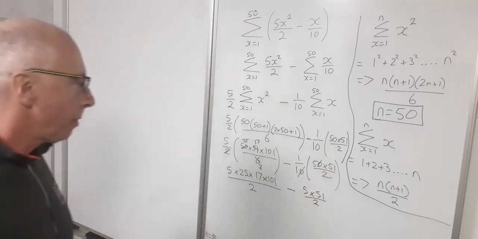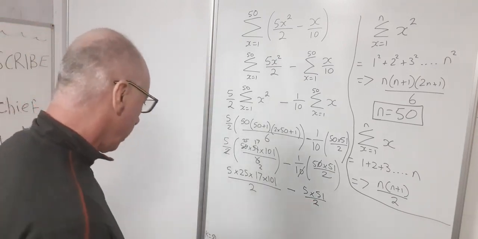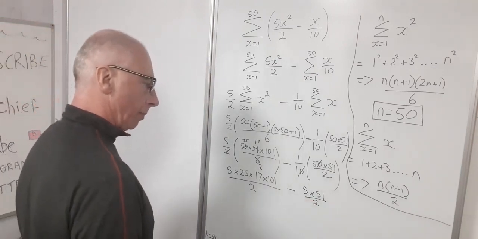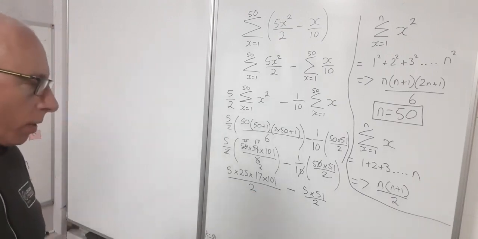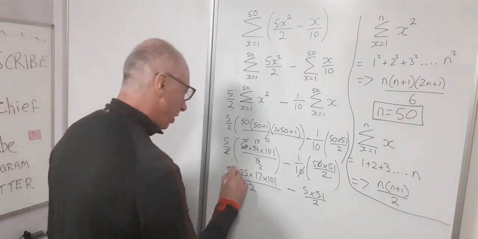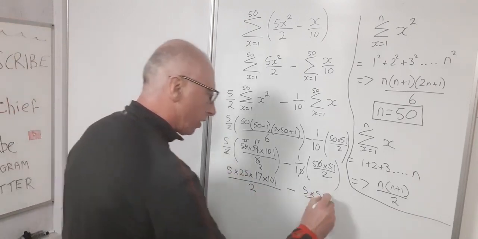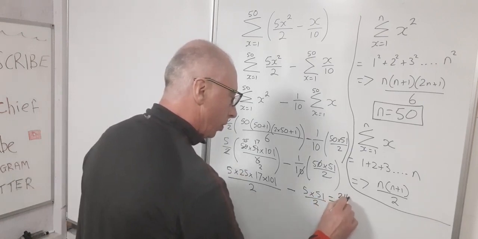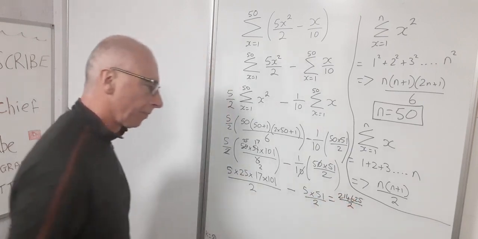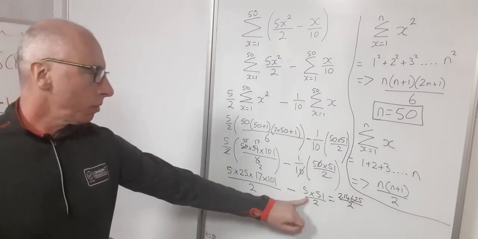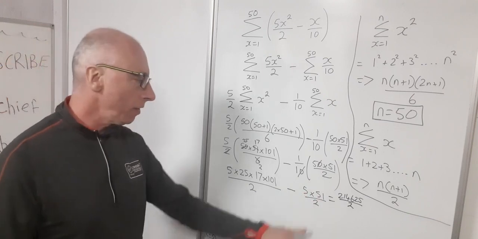Okay, now plug these into our calculator. We'll get the following values. This one here will become 214,625. Let's just write it on the side: 214,625 over 2, minus this one. Well, that's 5 times 51, we can do that in our head. That's 255 over 2.